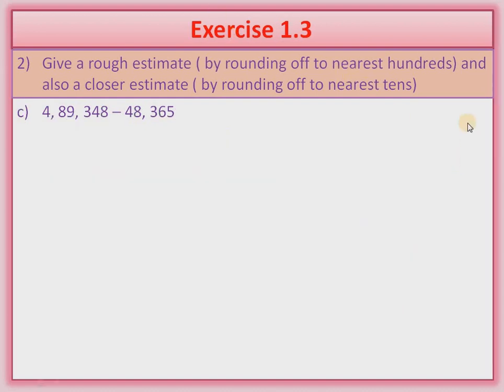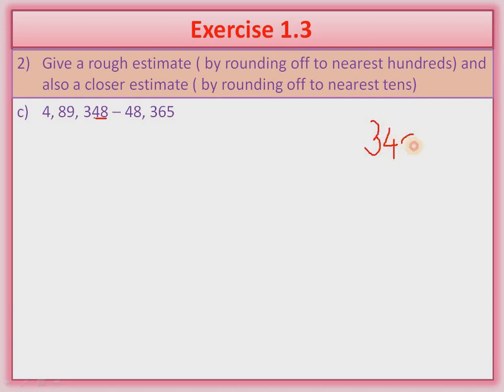Here I am not going to show the steps which I have explained in question number 2A and B. Understood? Here I am just going to explain how to do it. First we are going to find out for the nearest 100. So we will take the last two digits. Now check it. First we are going to write 348.